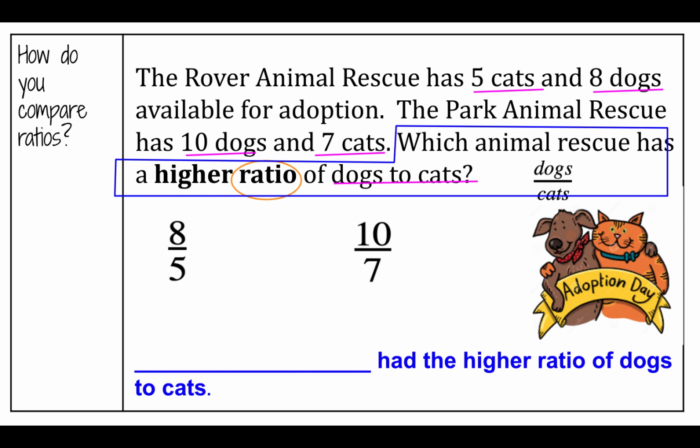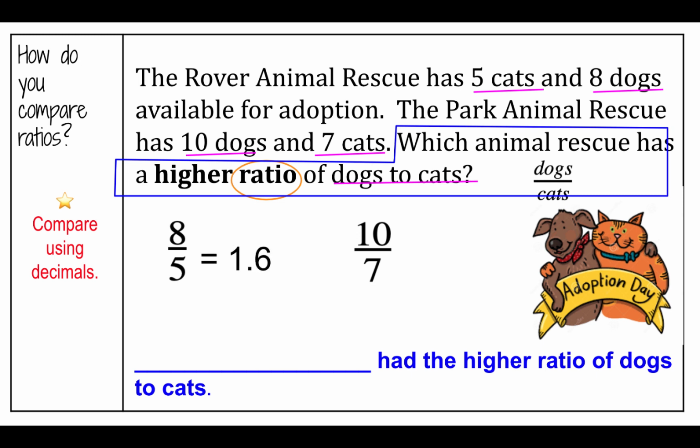Whenever I have to compare and I'm looking at things in fraction form, I like to change them to a decimal. It's easier for me to compare when things are in decimal form. Write that over on the left-hand side of your notes. Compare using decimals. 8 to 5, change that to a decimal. Go 8 divided by 5. What do you get? 1.6, right?